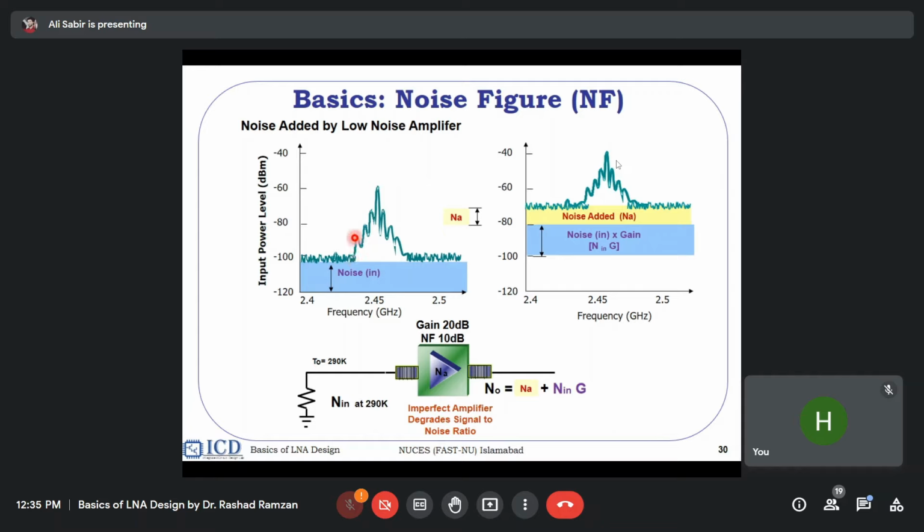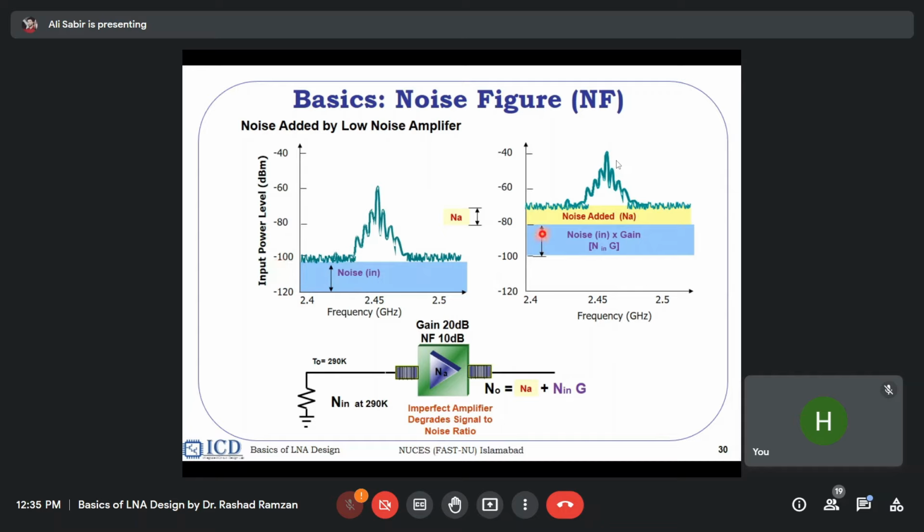40 dB almost. Now this is amplified, and here we have an amplifier. The gain is 20 dB, and the noise figure of this is 10 dB. So when it's amplified, both noise and signal are amplified. Noise is amplified from -100 by the 20 dB gain, so noise has gone from -100 to -80.